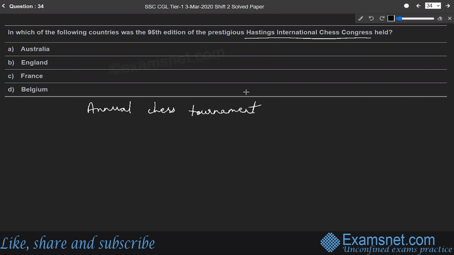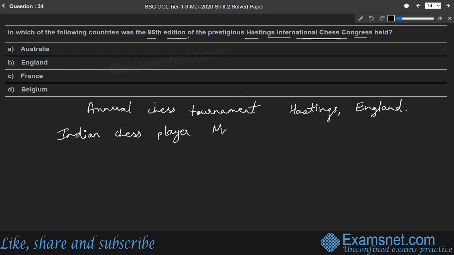This tournament takes place in Hastings, England. The title of the 95th edition was won by a very famous Indian chess player, Magesh Chandran.